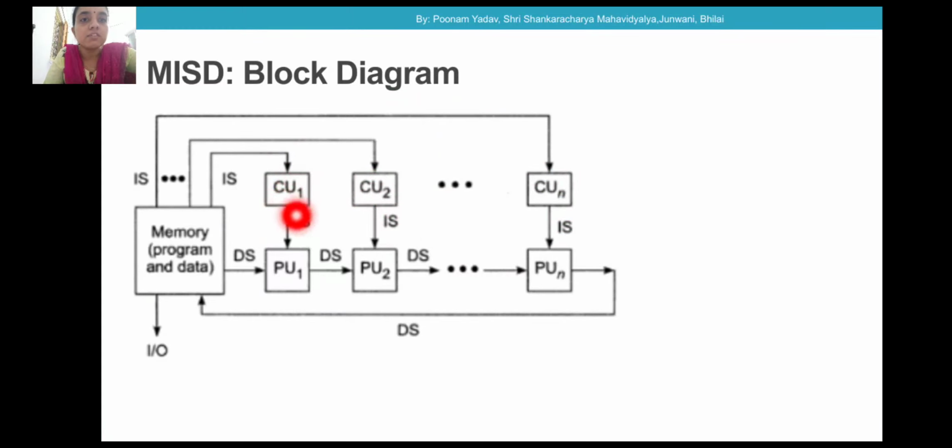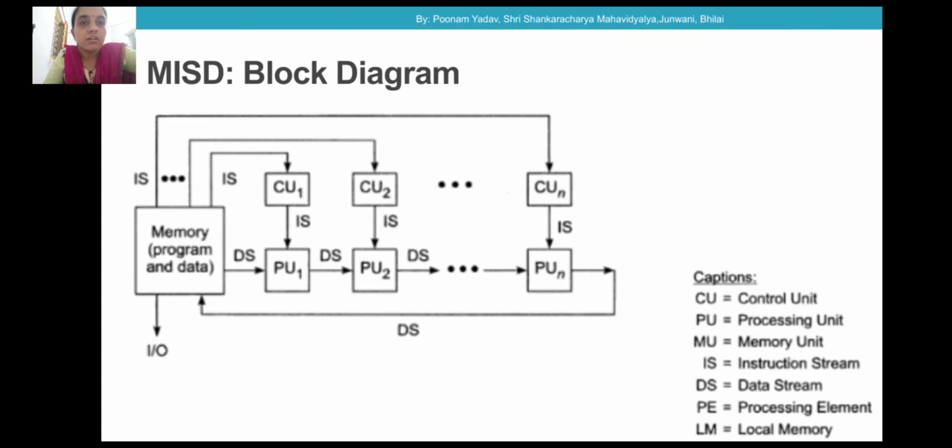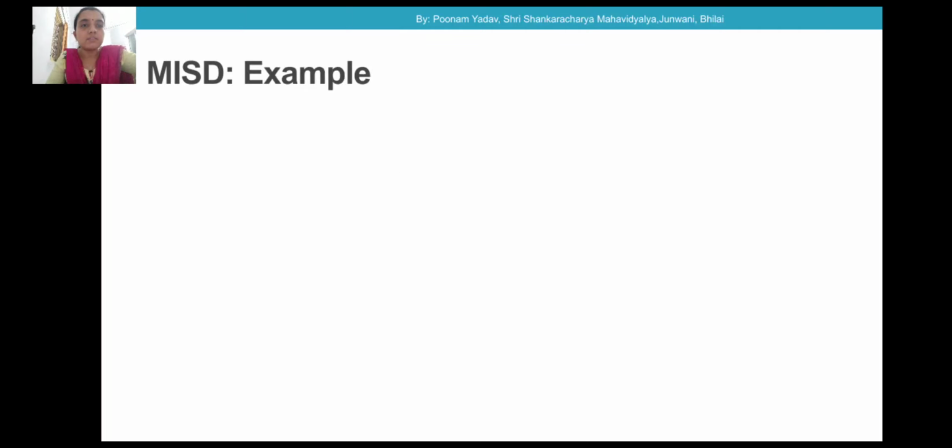These are the processors, the different processing units. So the CU and PU are different, and the instructions are different, but the data stream is the same. The data goes one by one to the next processor in this way. So this array type connection is there for MISD.